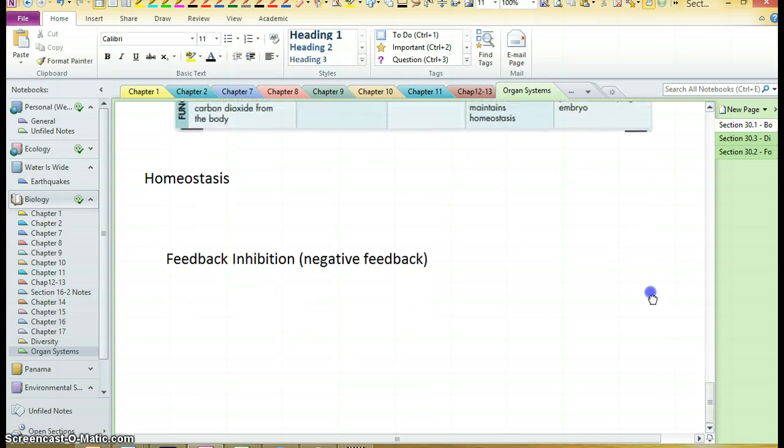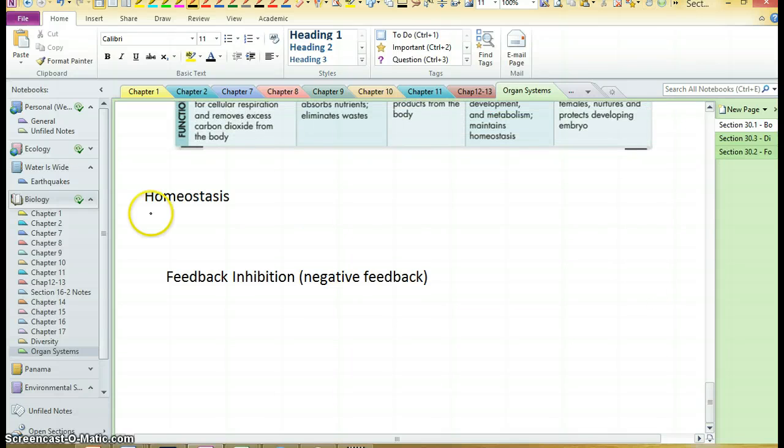Now, the last thing in this section is homeostasis, and we learned about this, I believe, way at the beginning of the school year when we were studying what it means to be alive, and in particular when we were studying metabolism and how that's the sum total of reactions happening inside your body.